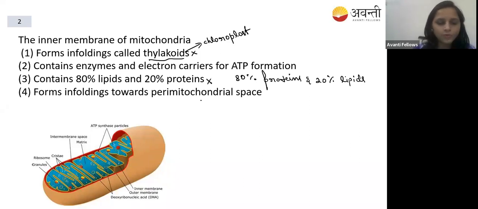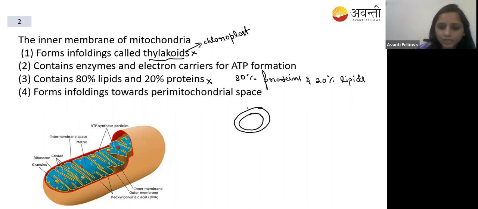So then coming to the fourth option, forms the infolding towards the perimitochondrial space. Okay, what do you mean by perimitochondrial space? We all know that the mitochondria has a double membrane, right? Which is the other organelle having a double membrane? That is the chloroplast, right? So this is the outer membrane, and here we can see the inner membrane.